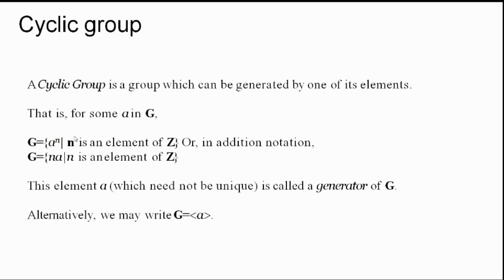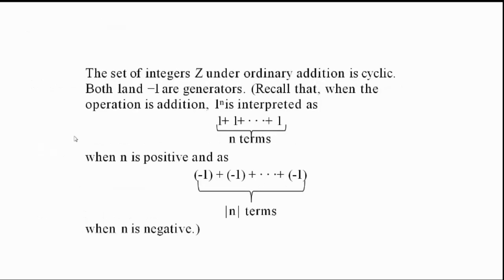That means this is the element which makes you produce the entire set. This is the meaning of it, because the definition of a cyclic group is a group which can be generated by one of its elements. The set of integers Z under ordinary addition is cyclic. Both 1 and minus 1 are generators.